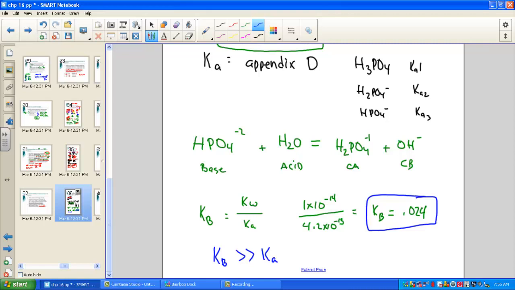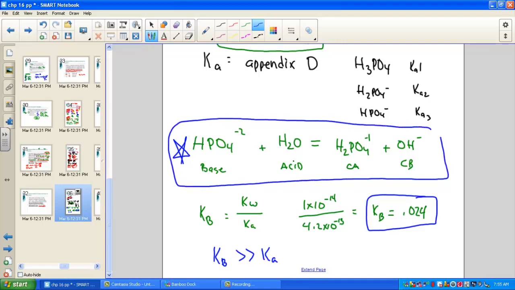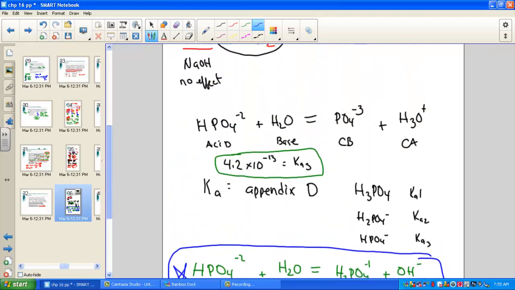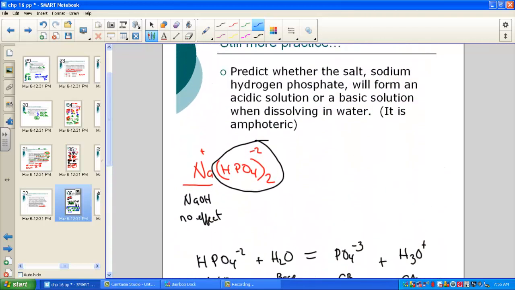Therefore, this, where hydrogen phosphate acting as a base, is the more dominant equation. It will indeed be the equilibrium expression producing the base. So ultimately we answered, will it be an acidic or a basic solution? Definitely a basic solution because our calculated Kb was much larger than the Ka.